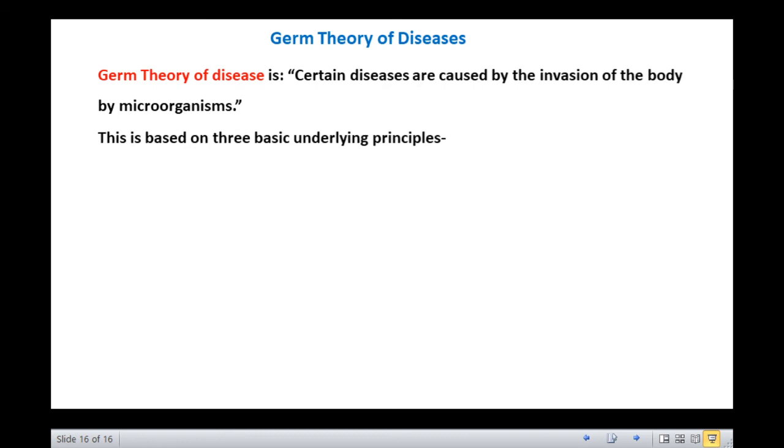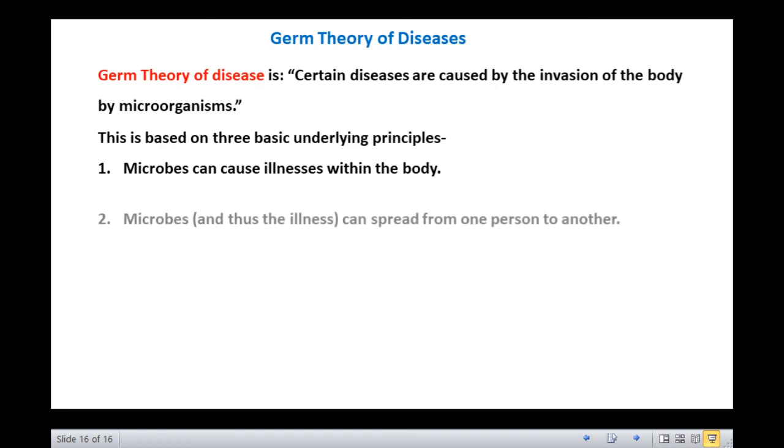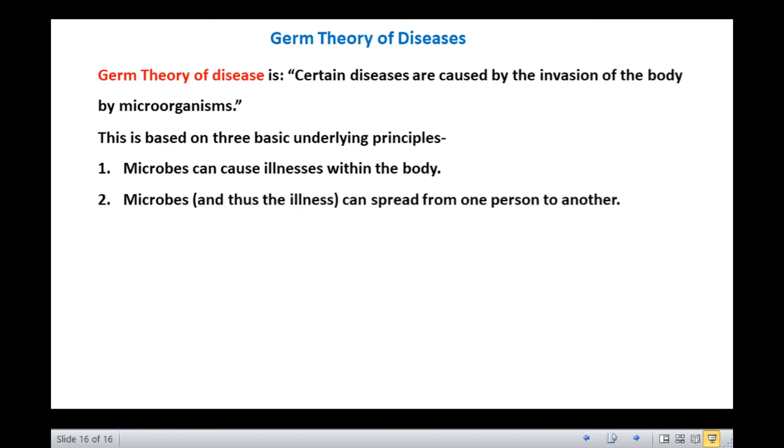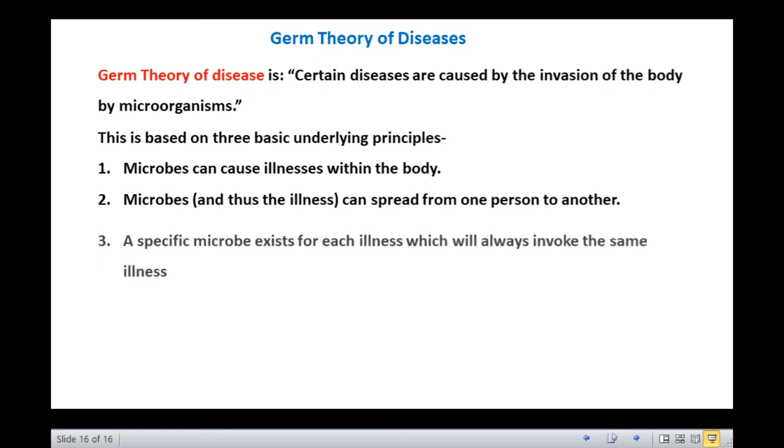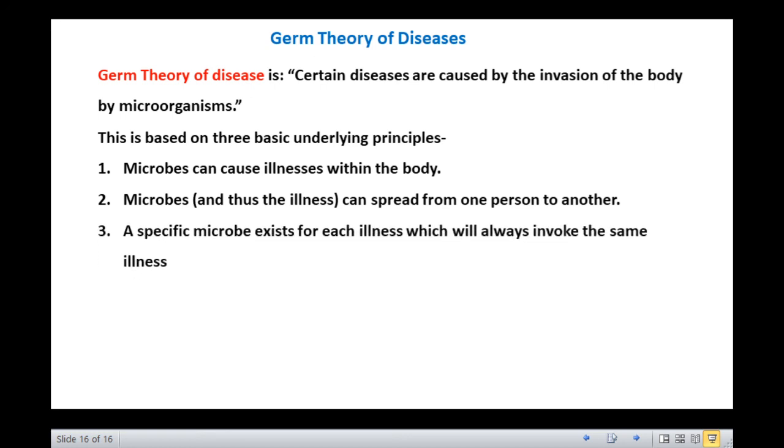This is based on three basic underlying principles. The first, microbes can cause illnesses within the body. Second, microbes and thus illness can spread from one person to another. And third, a specific microbe exists for each illness which will always invoke the same illness.